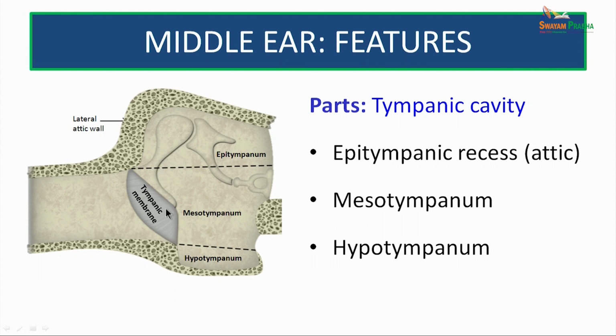The mesotympanic region is in line with the tympanic membrane, and it contains the handle of the malleus, the long process of the incus, and also the stapes. There is a small portion below the level of the tympanic membrane referred to as the hypotympanum.